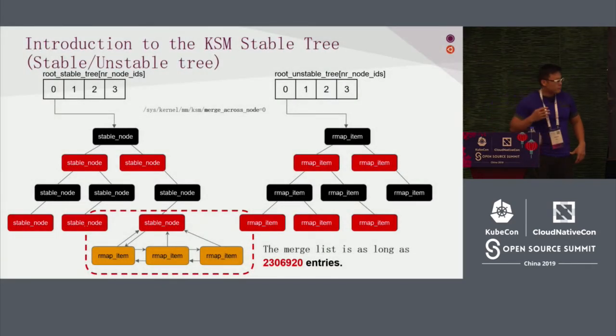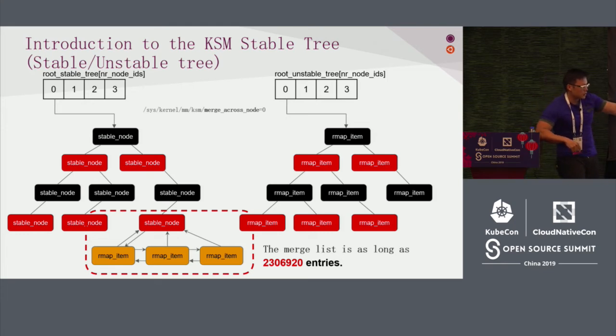You need to get the thread of it. KSM has 2 trees, one stable and one unstable tree. When merging, if the page is not stable, you cannot merge it immediately. So we place it first in the unstable tree, and after it has been scanned twice, if it has not changed, we place it in the stable one.